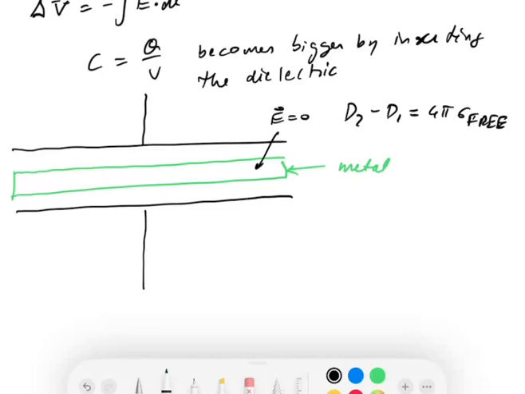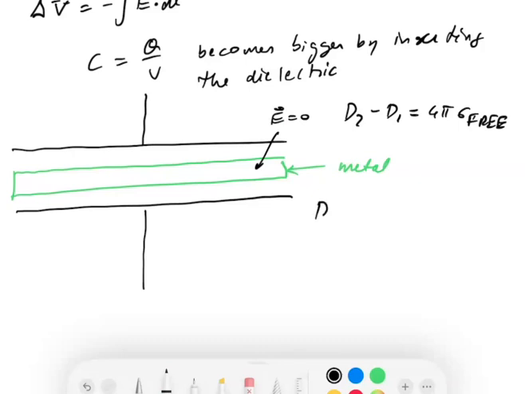Okay. So if that E field is 0, then that means that you need to have a polarization that corrects for that, right?